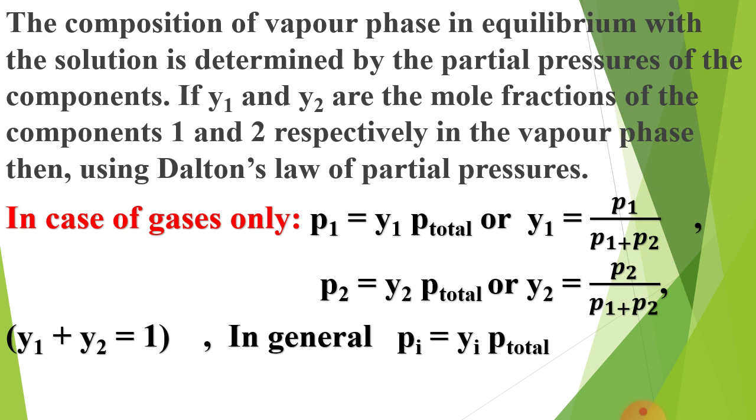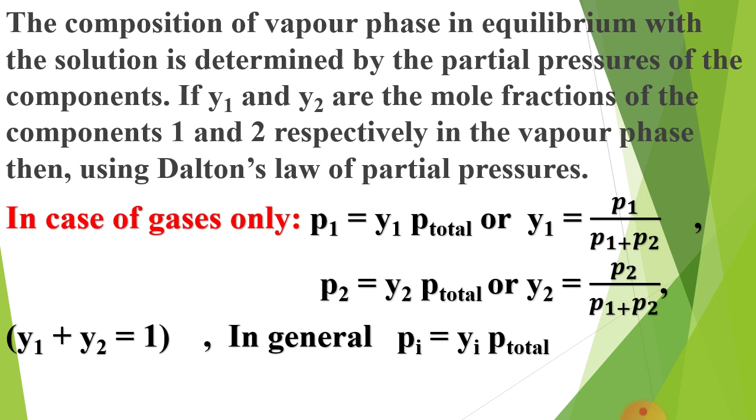In case of gas only, P1 equal to Y1 P total. This formula came from Dalton's law of partial pressure, which we have studied in class 11, chapter 5 gaseous state, or Y1 equal to P1 divided by P total, and you know that P total equal to P1 plus P2.